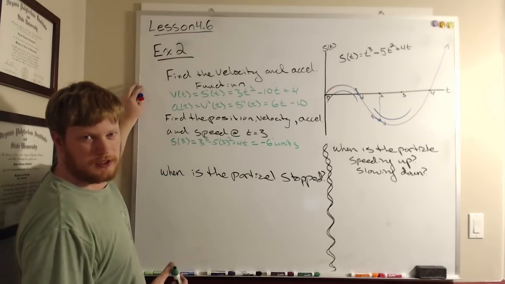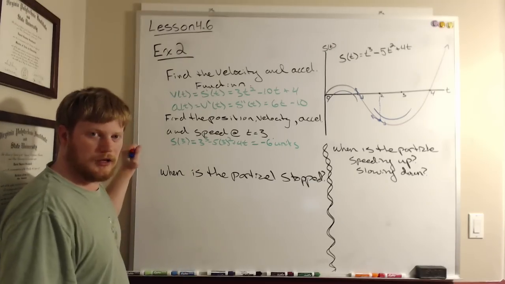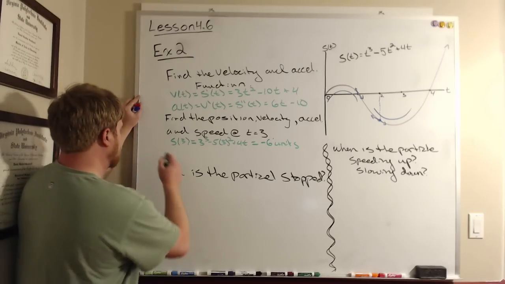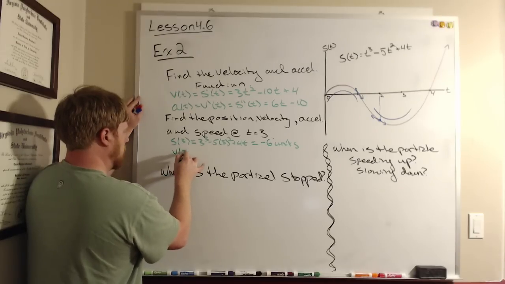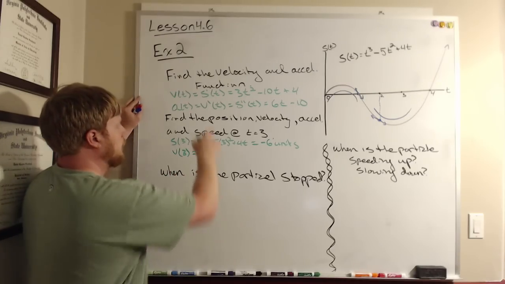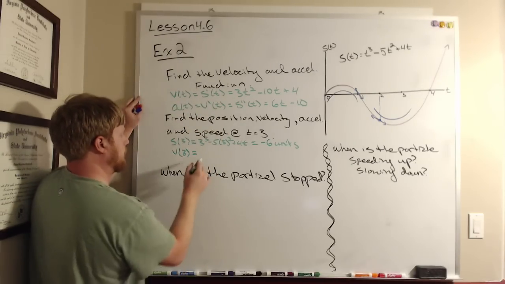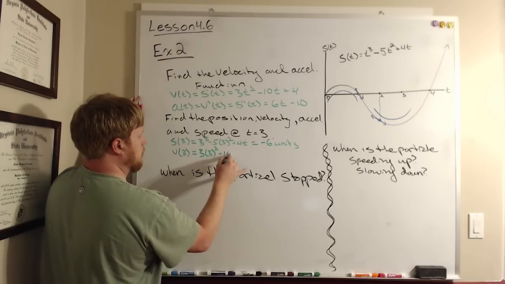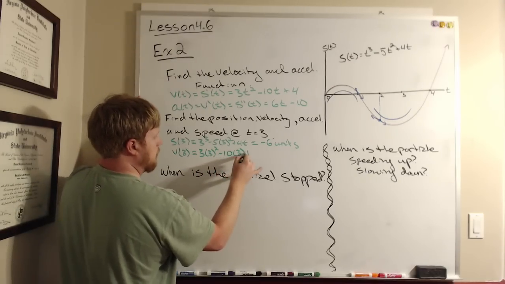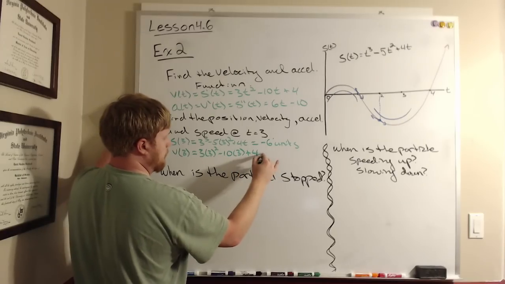I wasn't given units to work with, so I'm just going to label mine units. All right, position, then the velocity, plugging in 3 here. It's 3 times 3 squared minus 10 times 3 plus 4.